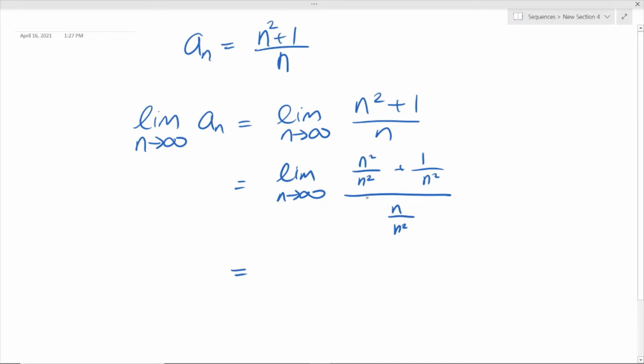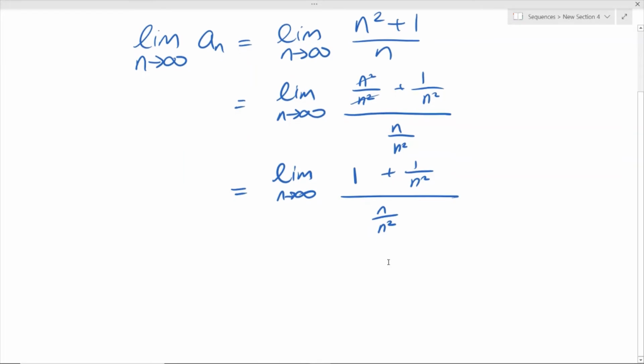Now we look at it and see, okay, well, n squared over n squared is going to be 1, so you cancel them out. And then this is 1 over n squared. In this case, this n squared is going to be a really big denominator in comparison to tiny 1, so it's going to shrink this number.